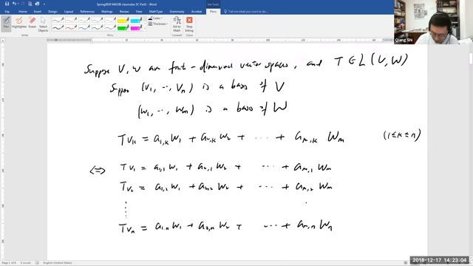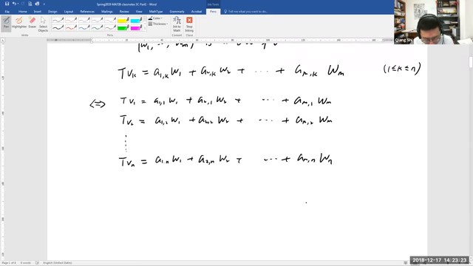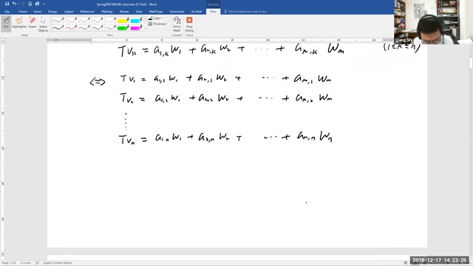All right. So there are n equations, and on the right-hand side for the W, there are m vectors in the basis of W. If we write these A's together in a matrix, we hopefully keep it consistent as an m by n matrix.